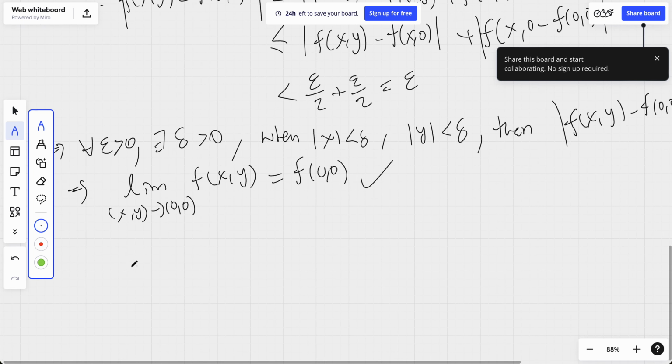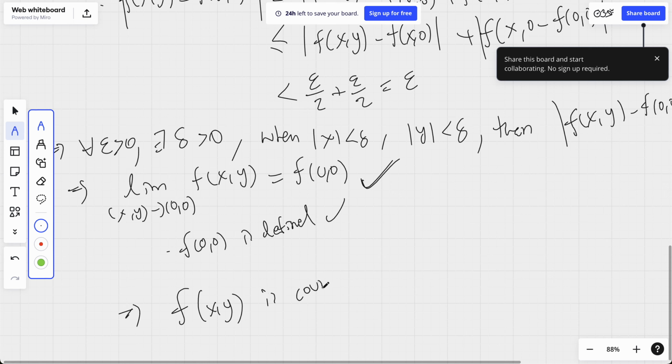So we have this limit exists, and also f of 0, 0 is defined. That means that the function f of x is continuous at point 0, 0. Yes, that is the proof.